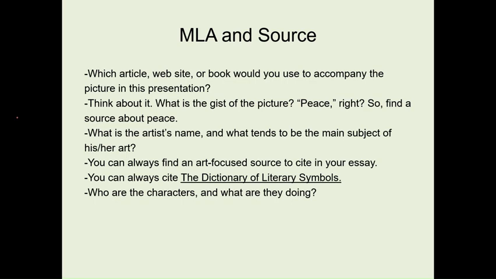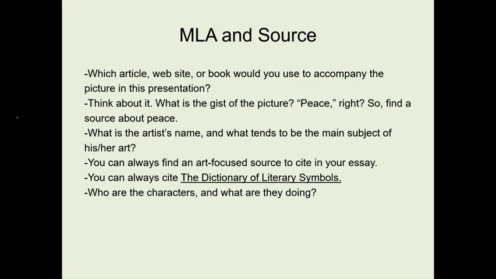For instance, if you want to describe one of Vincent Van Gogh's paintings, you will probably go to the Dictionary of Literary or the Britannica, and you could probably find so much about him because he's a famous artist.